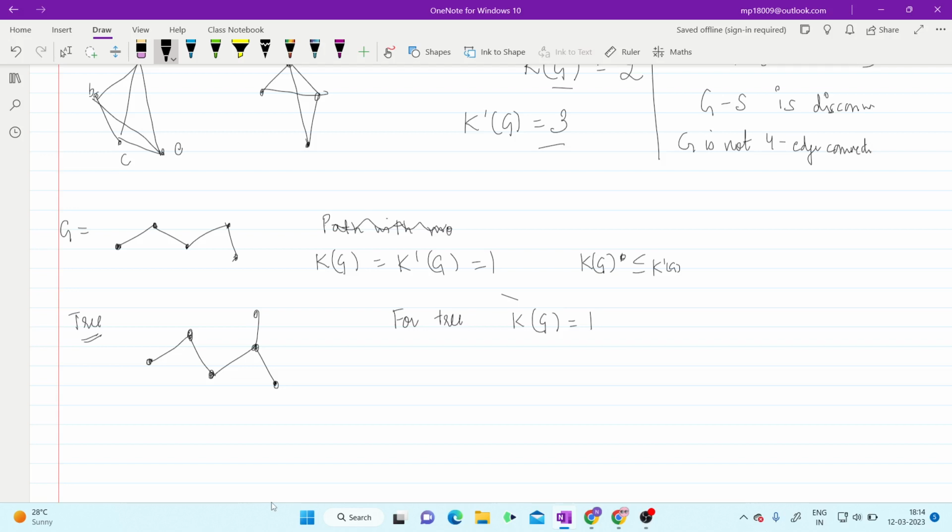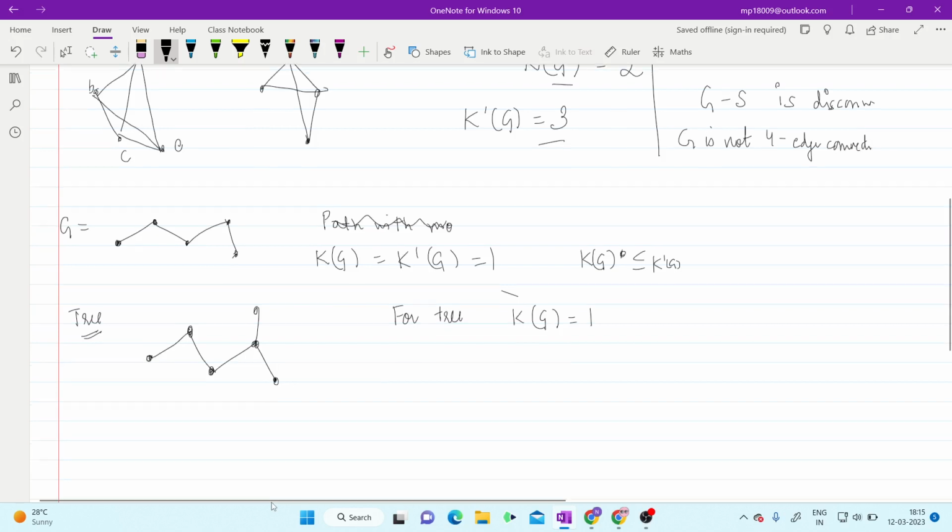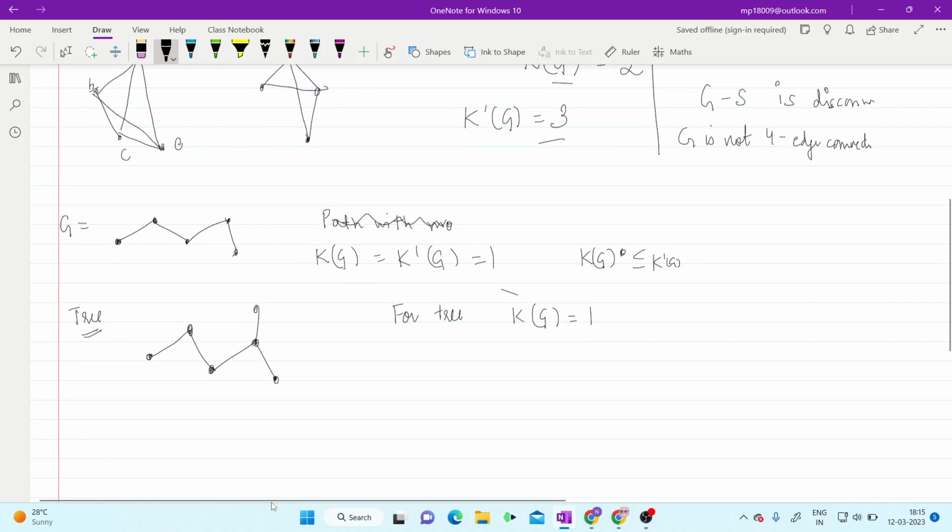Not necessarily, ma'am. Because if you remove one vertex, the graph will become disconnected, no? In this example you have given, if you remove that top vertex, then it is not disconnected.